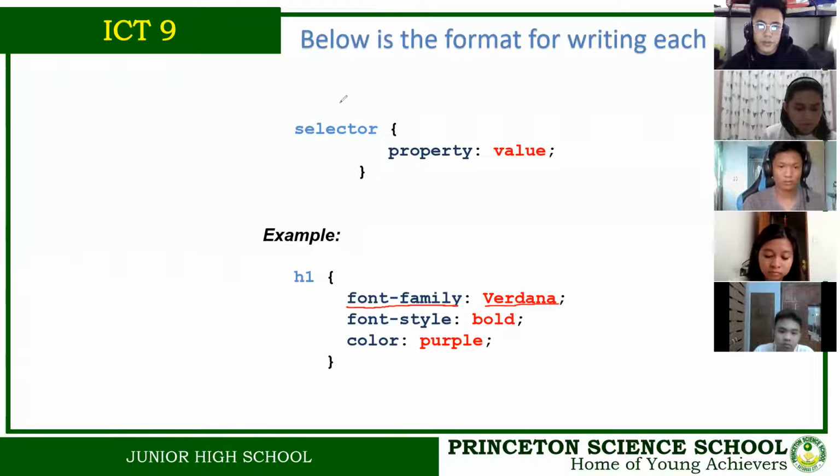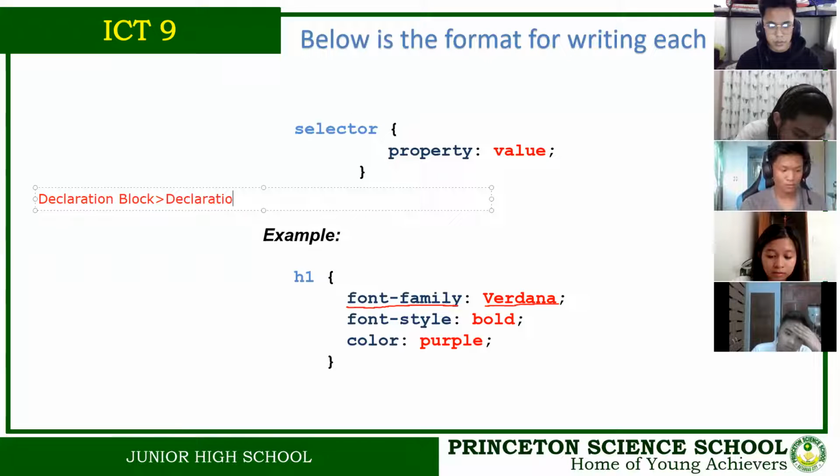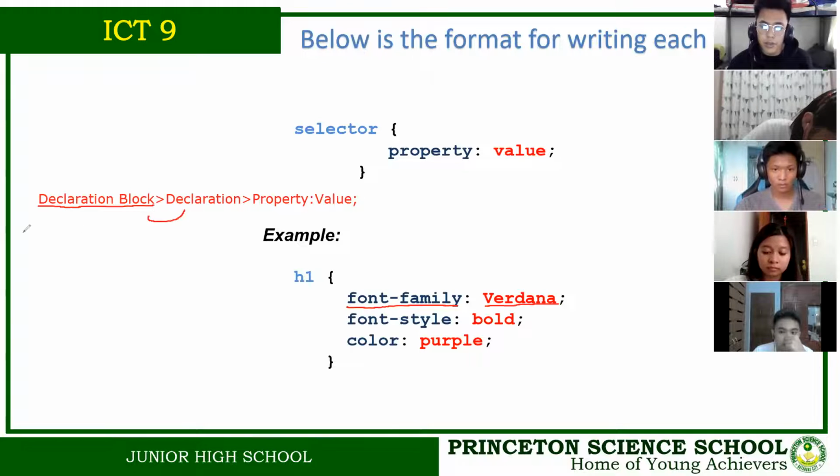Okay, so in here we have our declaration block, which is made up of multiple declarations, and the declaration is made up of a property and a value.